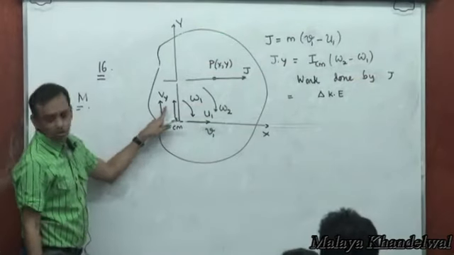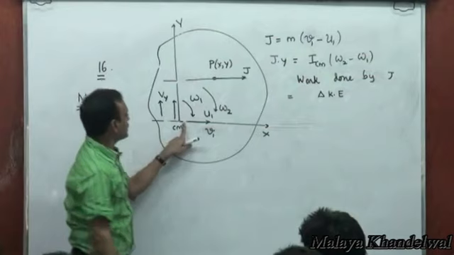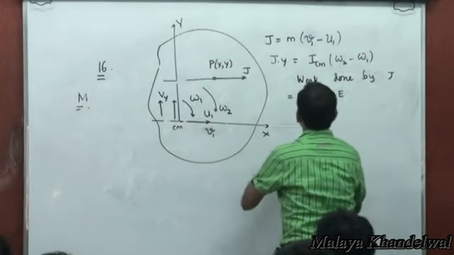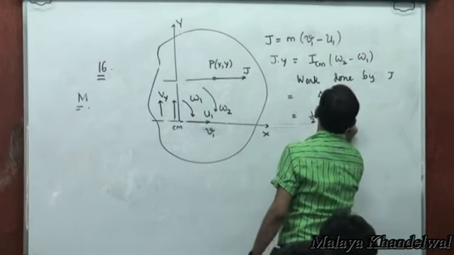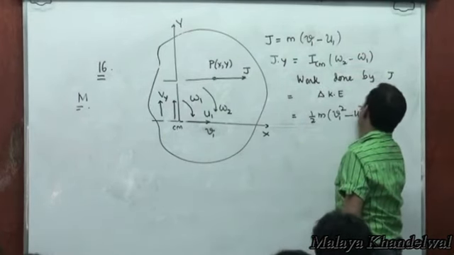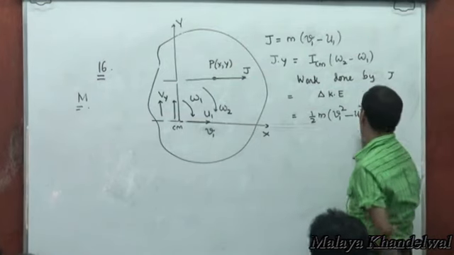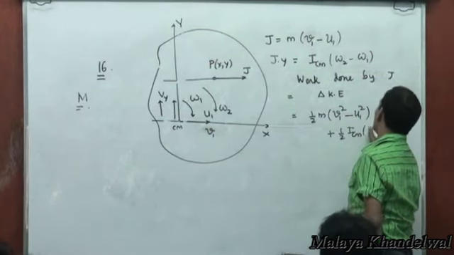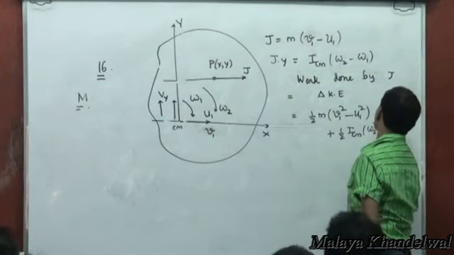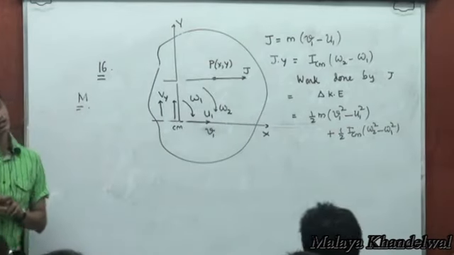In the vertical direction there is no change in velocity. So the change in translational kinetic energy is half m into (v1 squared minus u1 squared), plus half ICM into (omega 2 squared minus omega 1 squared), the change in kinetic energy of rotation. That's the change in kinetic energy.